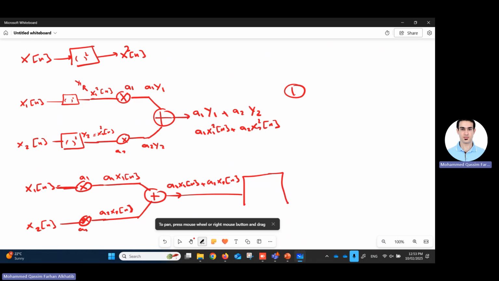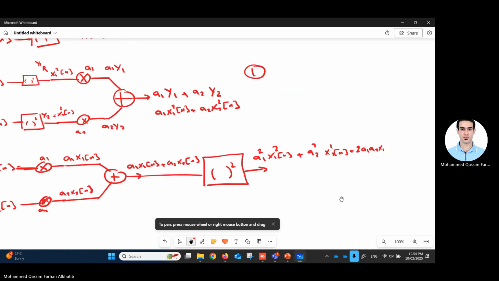Then we apply it to the system, square. What we will get here is a1 squared x1 of n squared plus a2 squared x2 of n squared plus, I believe, 2 a1 a2 x1 of n x2 of n.